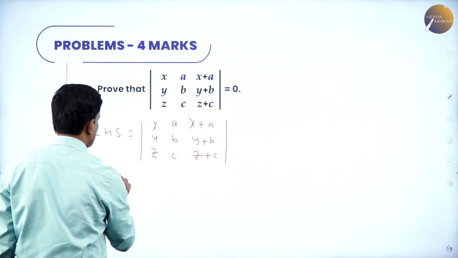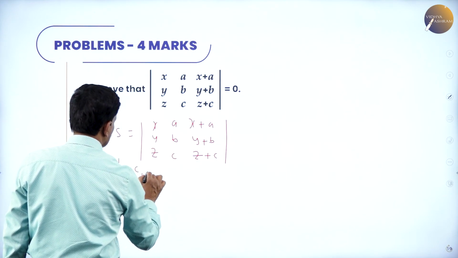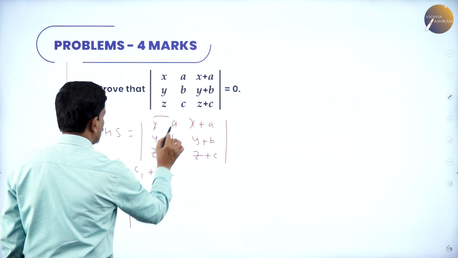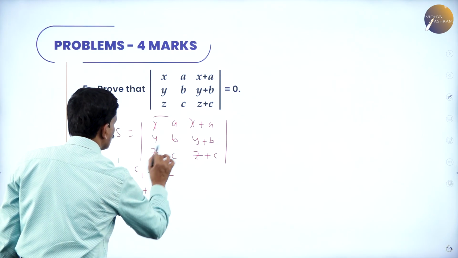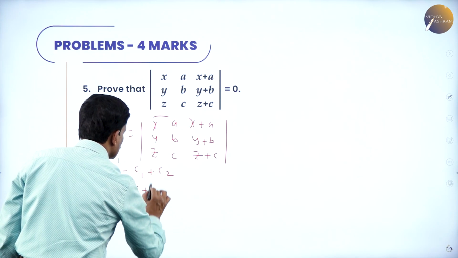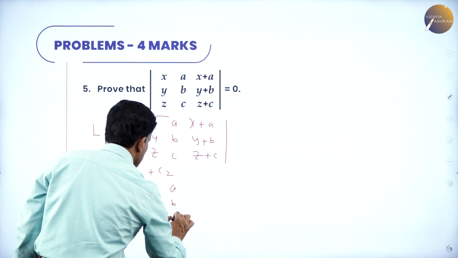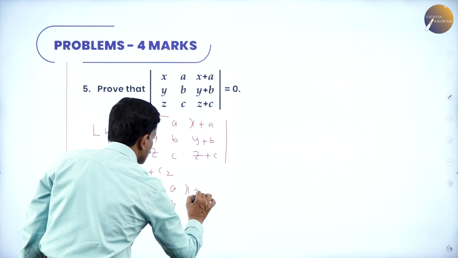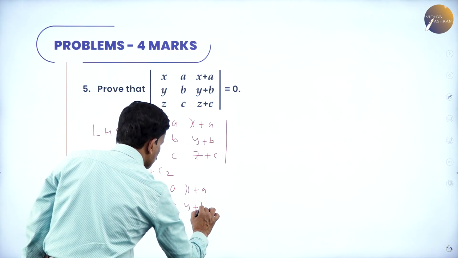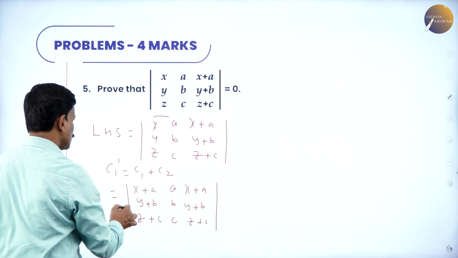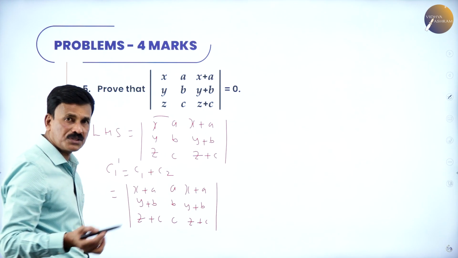Now taking C1 dash equal to C1 plus C2, that is, add these two: x plus a, y plus b, z plus c. This is the same, a, b, c. This one is the same, x plus a, y plus b, z plus c. Now you can take the common factor. Here, no need to take a common factor.